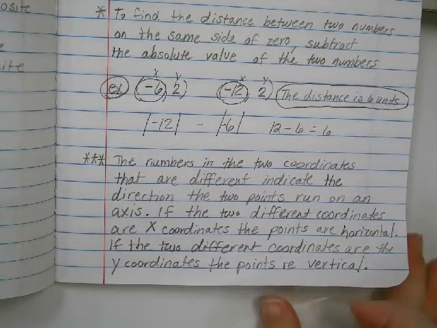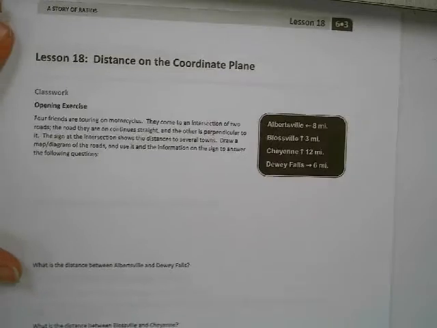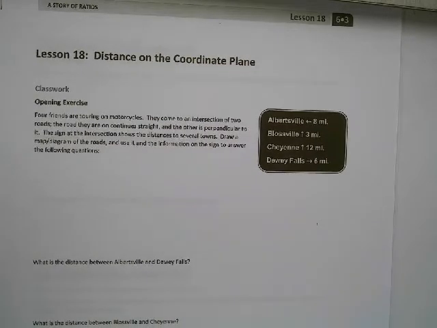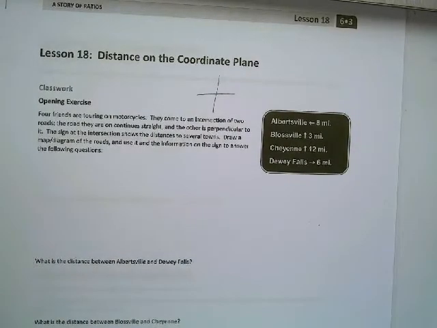Okay, now I want you to go ahead and get out your student book, and we are on lesson 18, distance on the coordinate plane. In this opening exercise, it says 4 friends are touring on motorcycles. They come to an intersection of 2 roads. Remember, intersection is where roads cross.